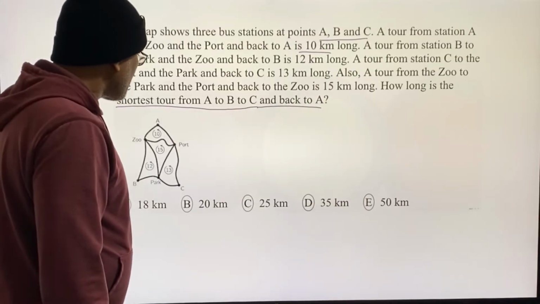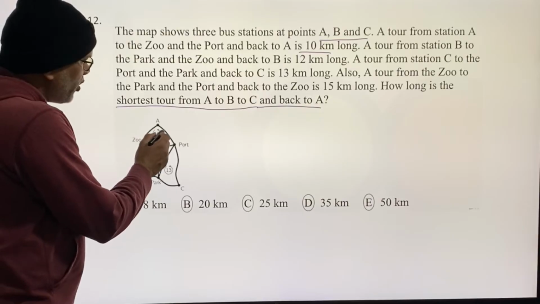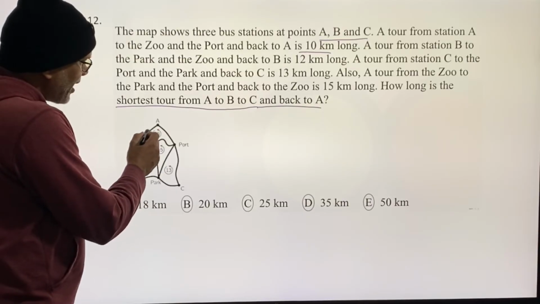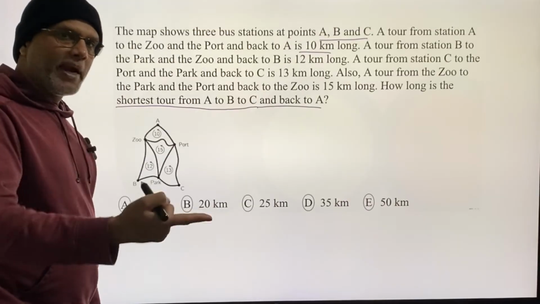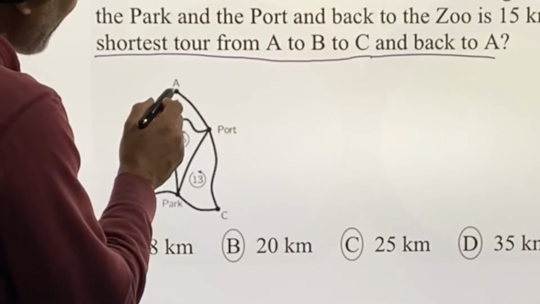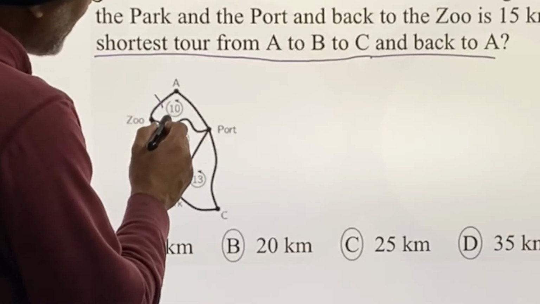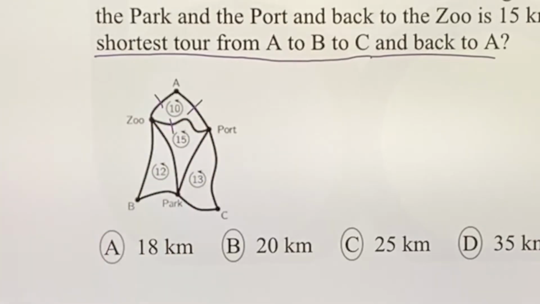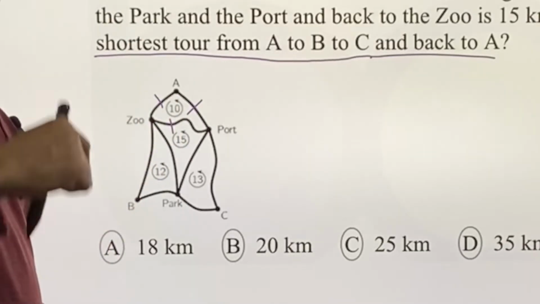All right. So let me go around each triangle one time and see which sides I am adding up. For example, if I go from A to zoo to port, I add this side once, and this side once, right? So I'm marking one line if I travel that path one time.